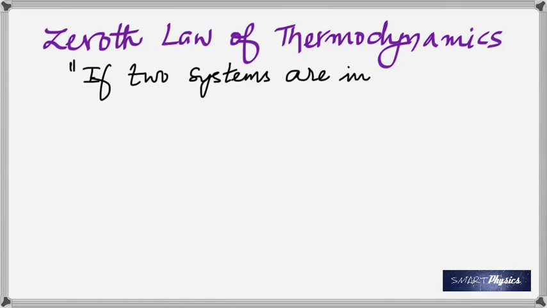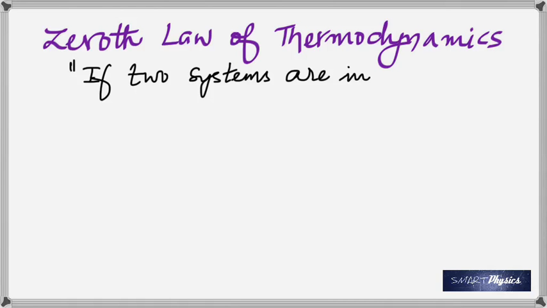It says if you have 2 systems, well, what's a system? A system could be a gas in a container or a mixture of gases. So if you have 2 systems, A and B, and let's say that they are both individually in thermal equilibrium with a third one.